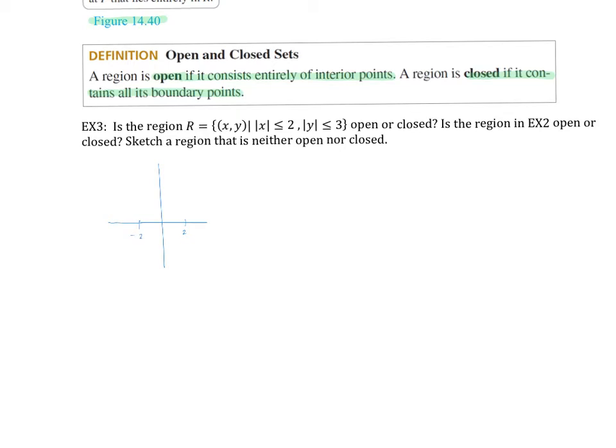And y less than or equal to 3. Because it says or equal to, it means that this region does contain its boundary points. So it's closed. So here's our region R. And it contains its boundary points and it's closed.